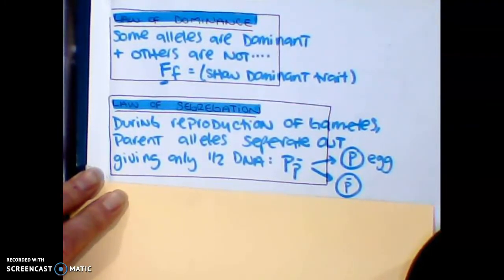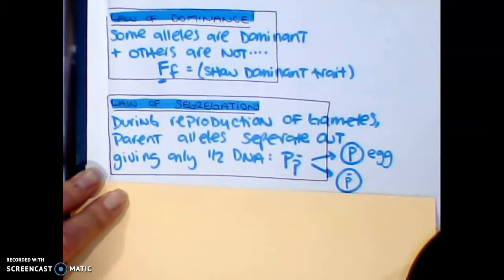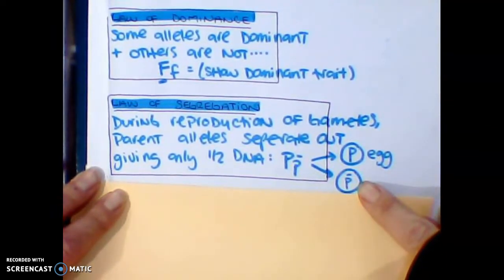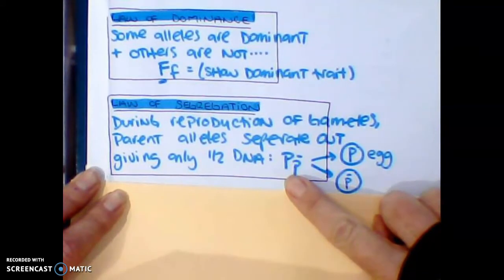So we separate out half your DNA from mom and half your DNA from dad, you put them together, and that creates your zygote. During reproduction of gametes, what we're talking about here is meiosis. Parent alleles, which are their DNA, will separate out so that they only put half of their DNA in the egg and the other half in the other egg. So they're not going to give you their full DNA.